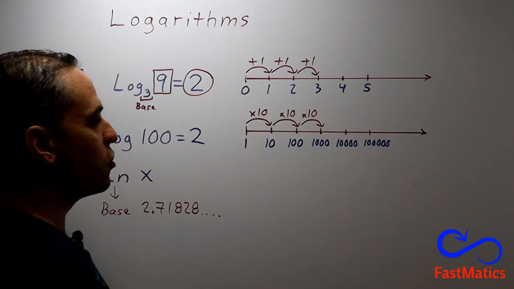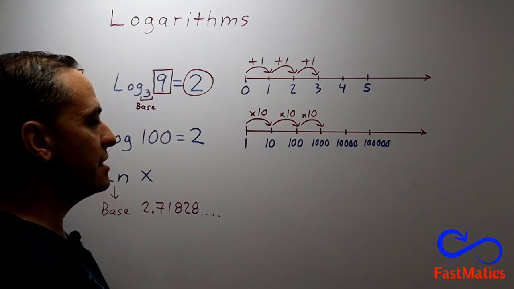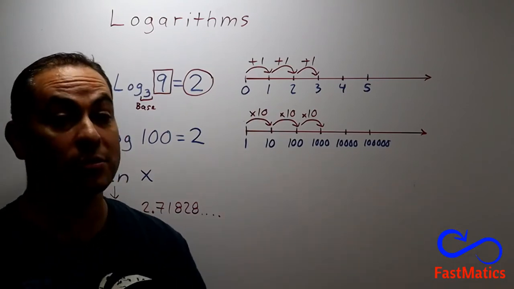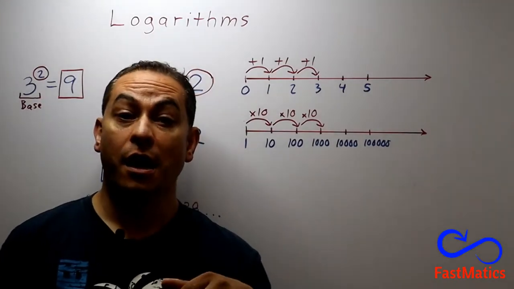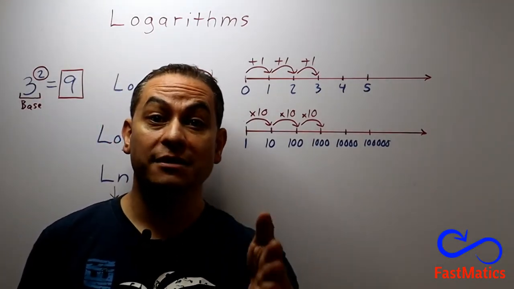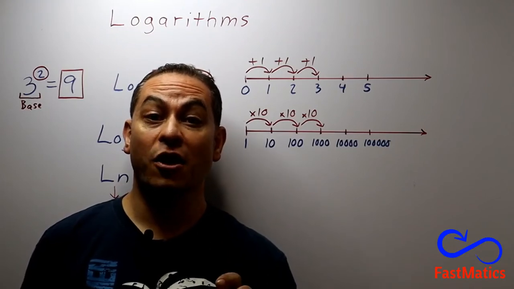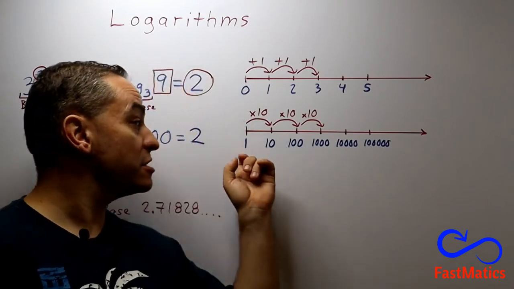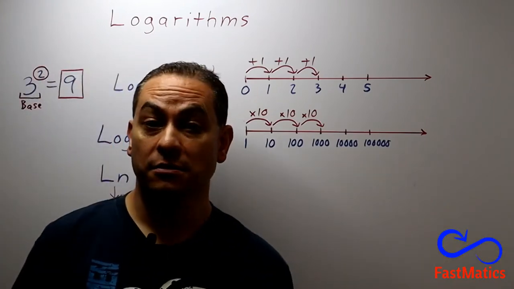Scientists discovered that, and they started using logarithms to represent, for example, Richter. The Richter scale of earthquakes uses a logarithmic scale.